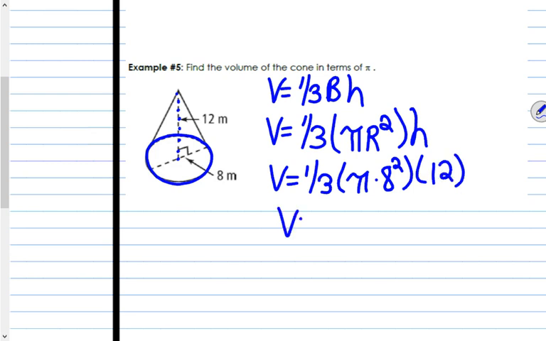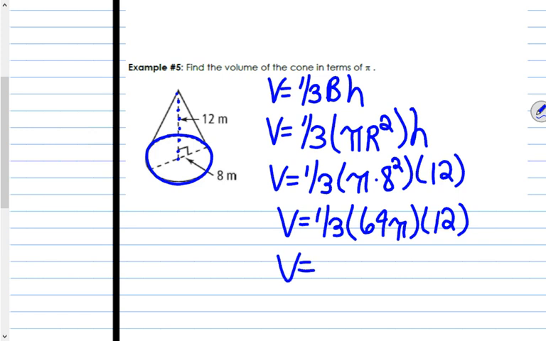Volume equals 1/3 times 64 pi times 12. 8 times 8 is 64. 1/3 of 12 is 4, so 4 times 64 pi.